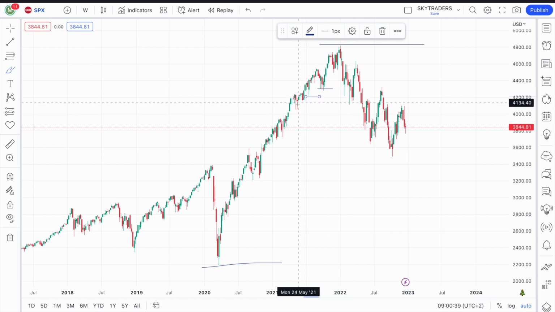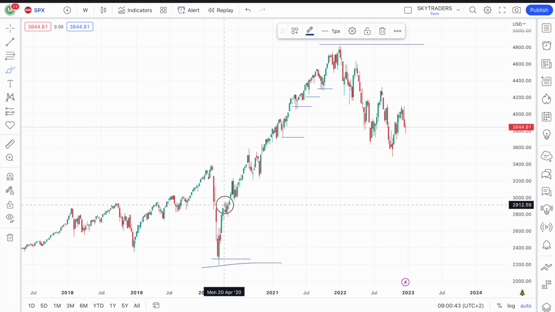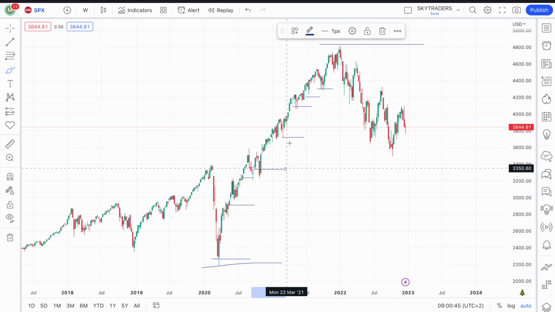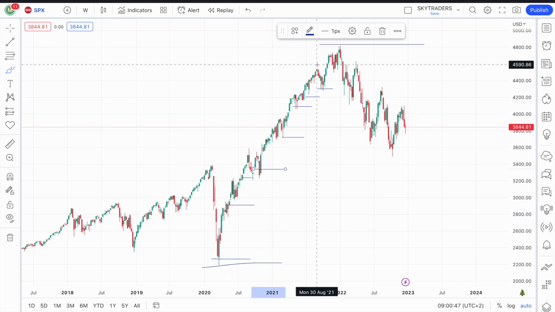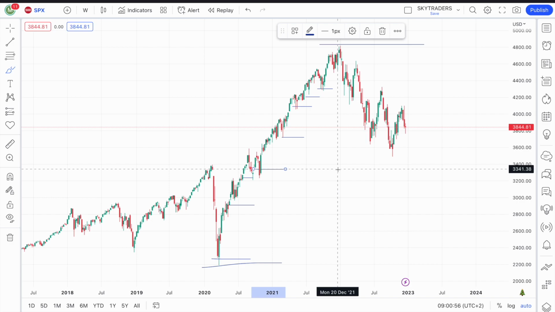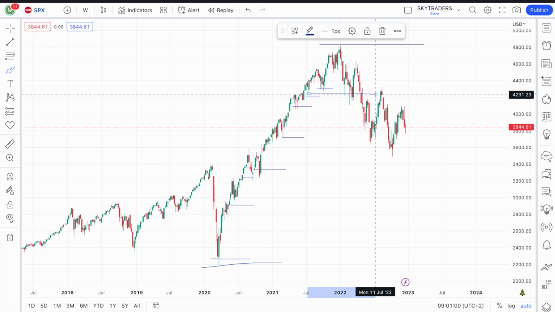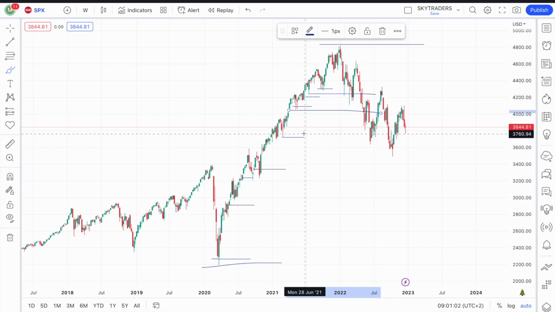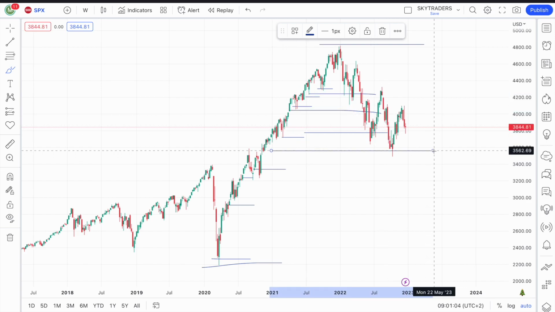This one, this one, this one, all of these higher lows that were formed over the past weeks. All of these liquidity hunts are the next or possible targets. We target this one, this one, this one, this one.